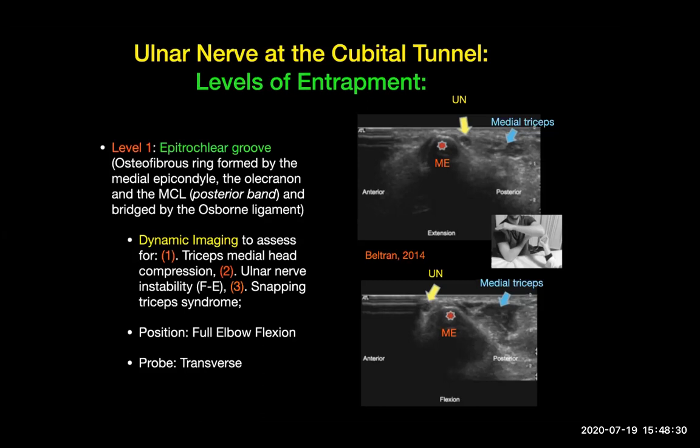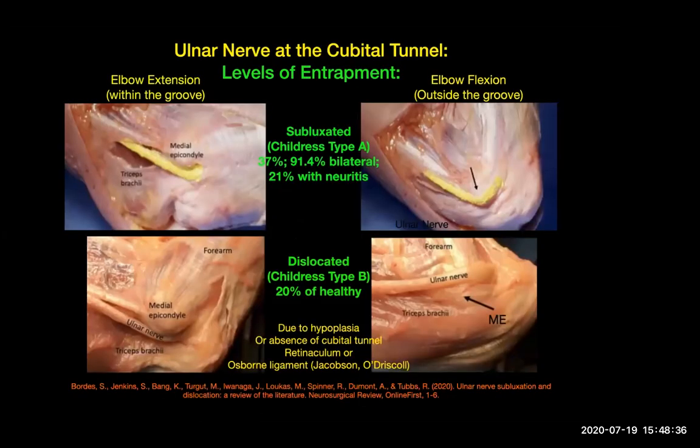Not everything will be present, of course, but you will be able to see them. Okay? And then, of course, you can also see here that when you do extension, the ulnar nerve is within the groove, but as you flex, it goes out of the groove. So they characterize this as subluxated.